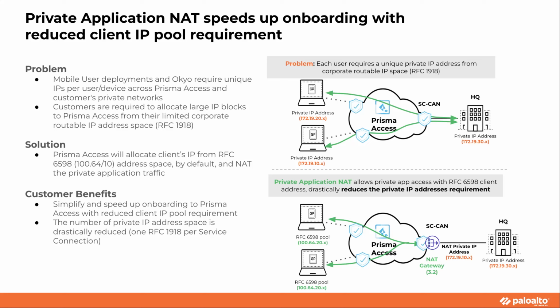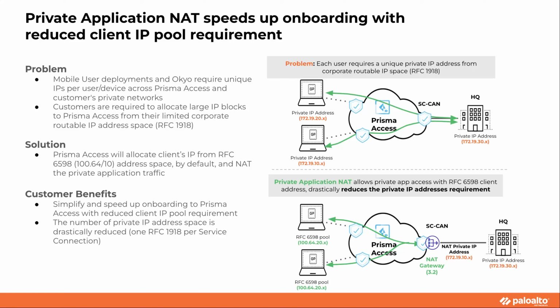As a solution, what we've developed is a private application NAT. With the private application NAT, by default, we will provide R6598 address space for a GP agent for mobile users and NAT that app traffic to a subnet of your choice with this NAT layer. The benefit for the customer is we are simplifying and speeding up the onboarding of Prisma Access with reduced IP requirement upfront.